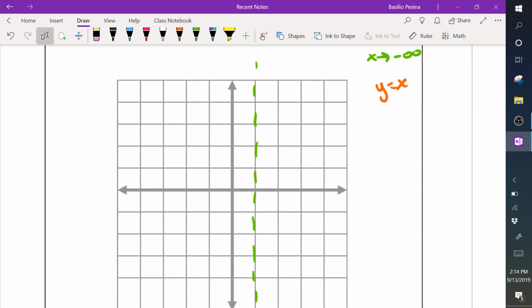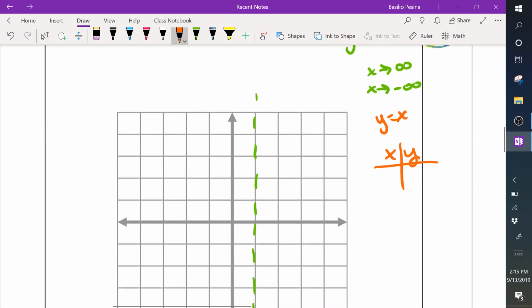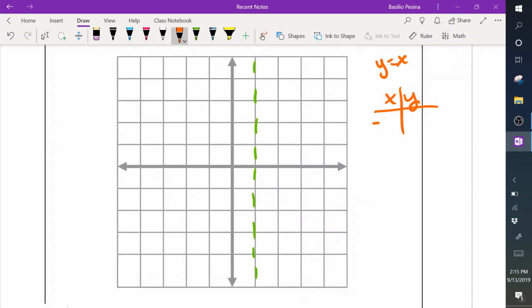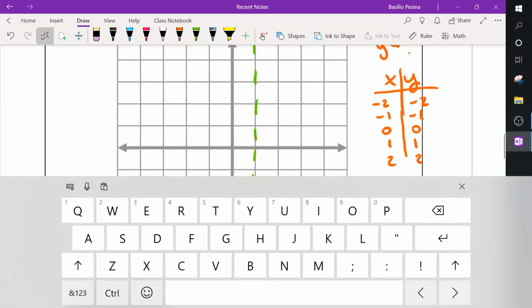Luckily for me, that is a linear function. So if I make a table, just to get a couple points, for the equation y equals x, I can see that if I put negative 2, negative 1, 0, 1, and 2, and I substitute them, I get the exact same values, because this is just x. So I can start plotting that.